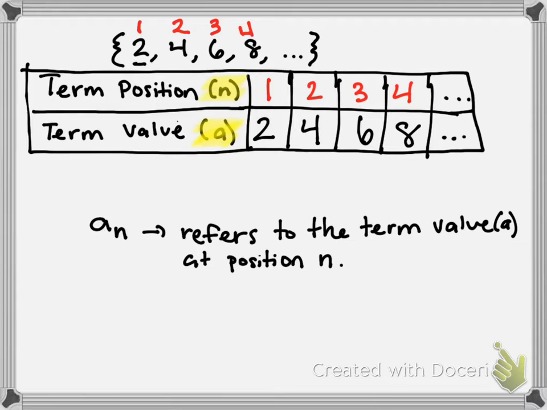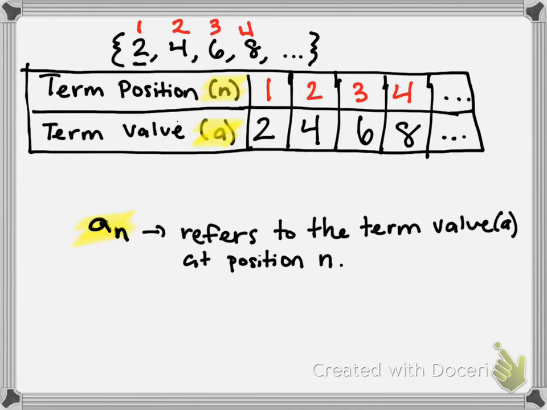All right, so some notation that is usually a little confusing, and we've seen this before, is when we write A sub N. Remember, sub means under, so the N is under the A. This refers to the value, or A, of the position N, right?